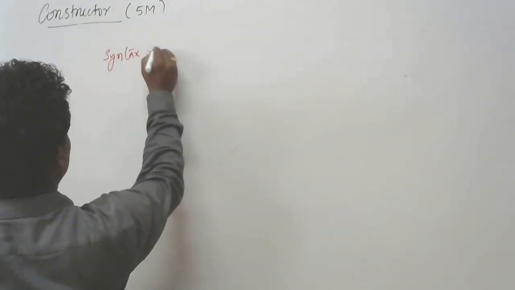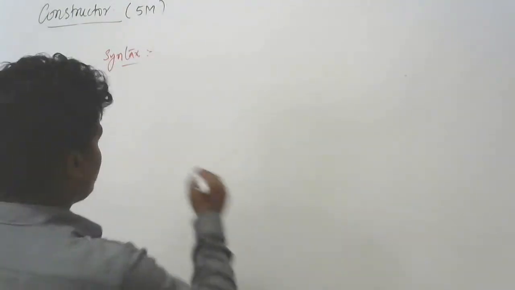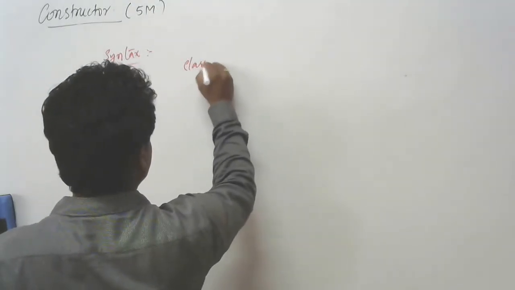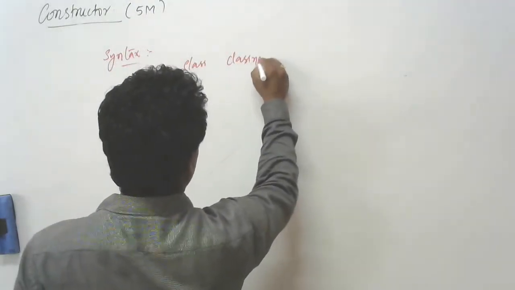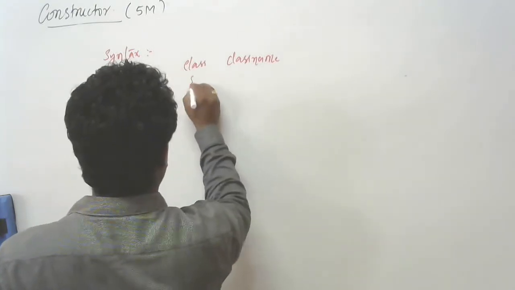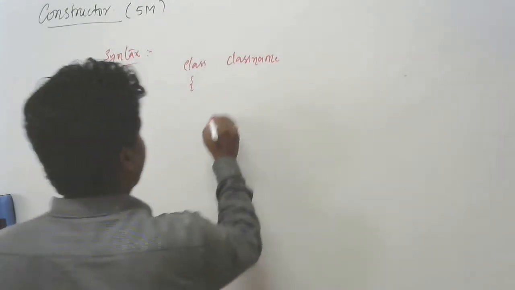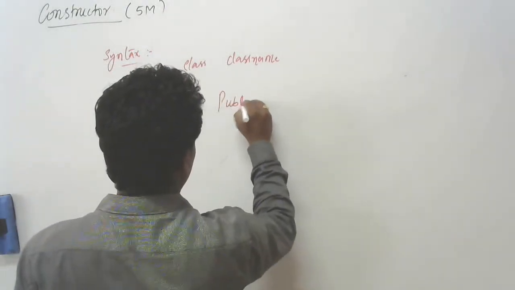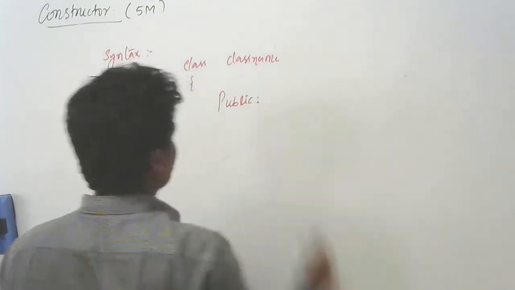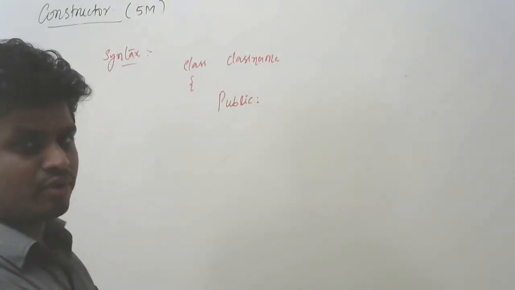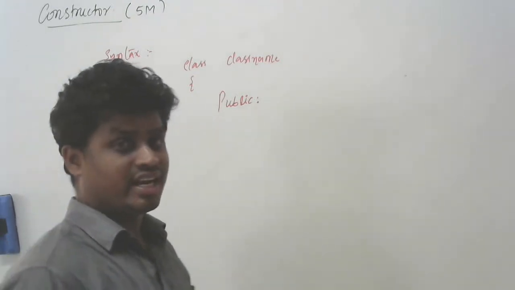Syntax, how we are going to define a constructor. First, the class name. Open the flower bracket. Inside public, I will write the constructor name. What I have told, it should be declared inside the public.